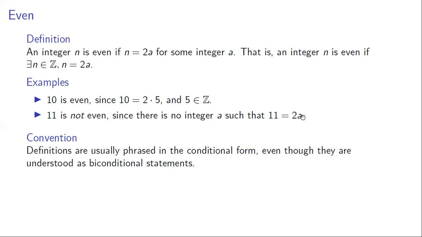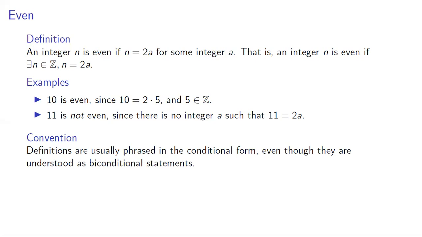This definition was expressed as: an integer n is even if something. So it's in the form of "q if p," but it's phrased in the conditional form. We understand definitions generally as biconditional statements: if p, then q, and also conversely, if q, then p.